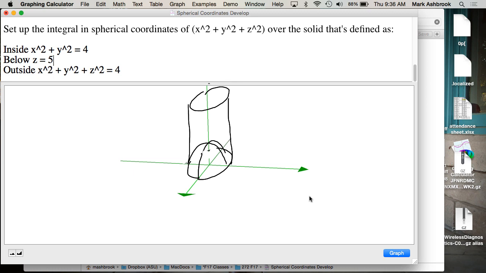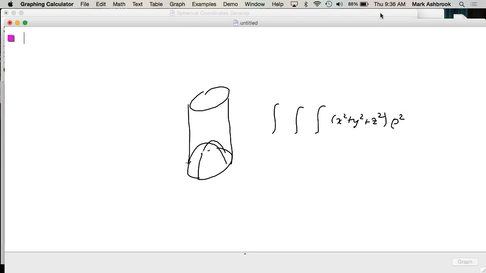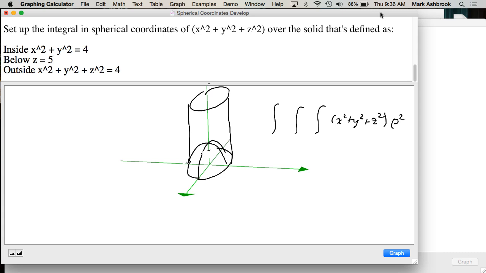Okay, so now we're going to have x squared plus y squared plus z squared, and then we're going to have rho squared times rho squared sine phi d rho d phi d theta.